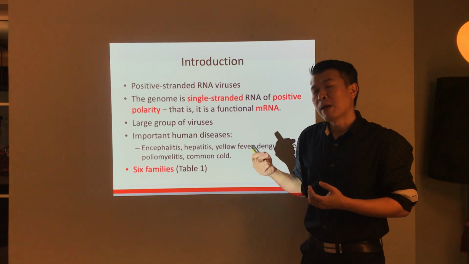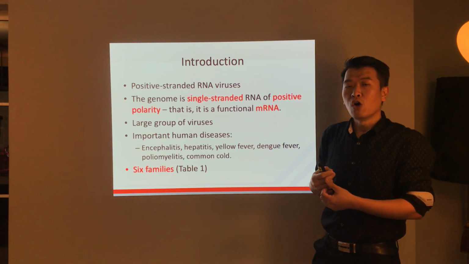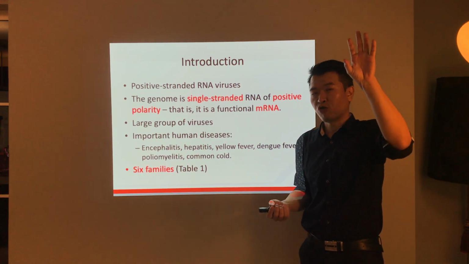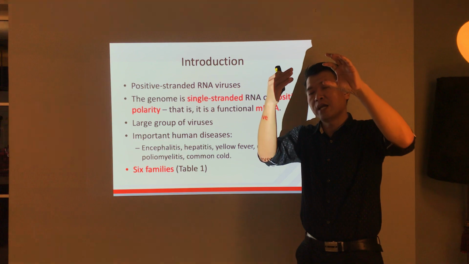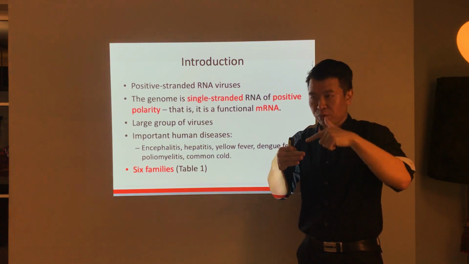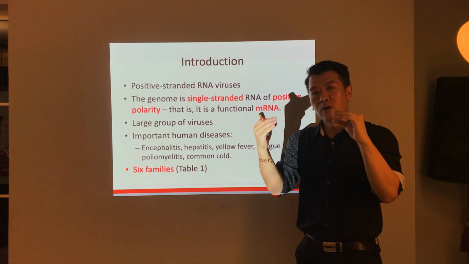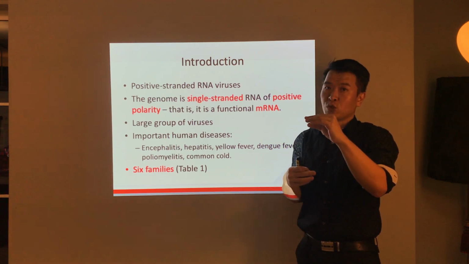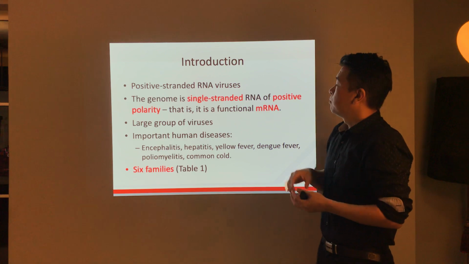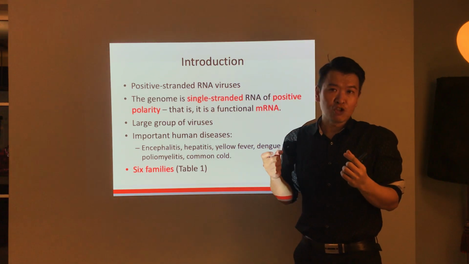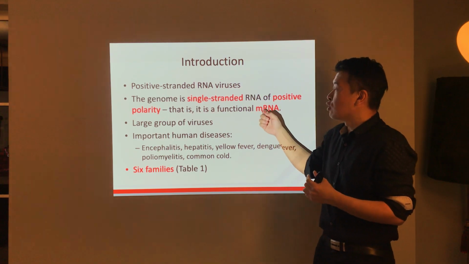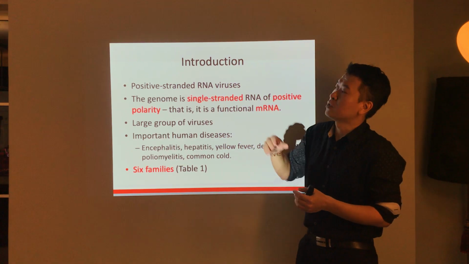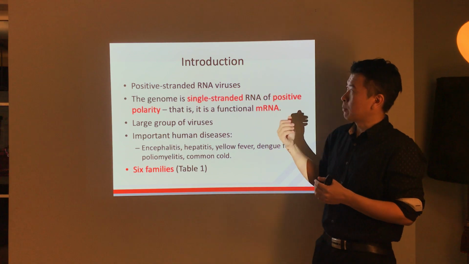We also mentioned in the previous lectures that in order for a protein to be produced, it must go through transcription, from DNA to RNA. Once the mRNA is produced, this mRNA will then be translated into protein. The mRNA is the messenger RNA, which is very important, and its orientation is also 5' to 3'.